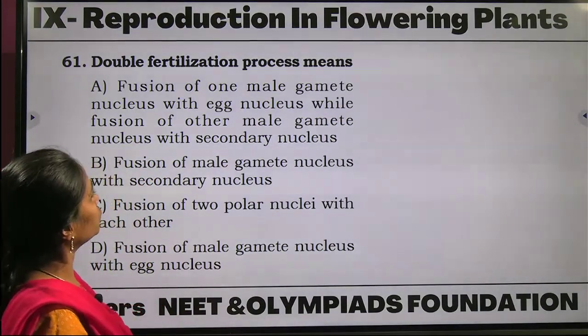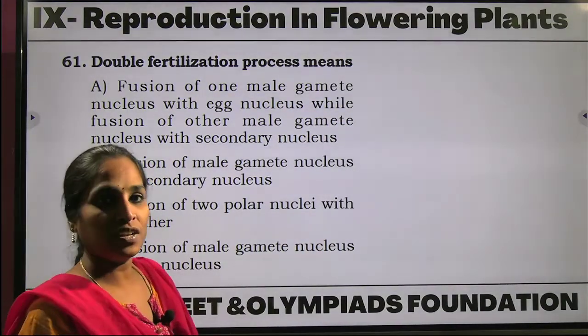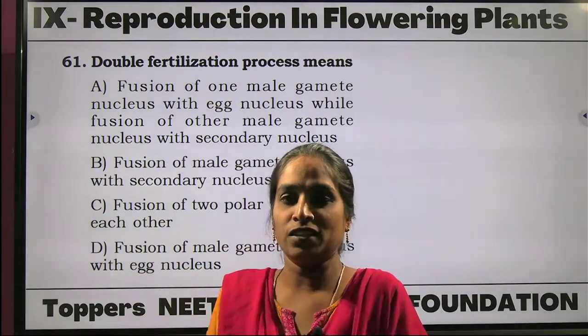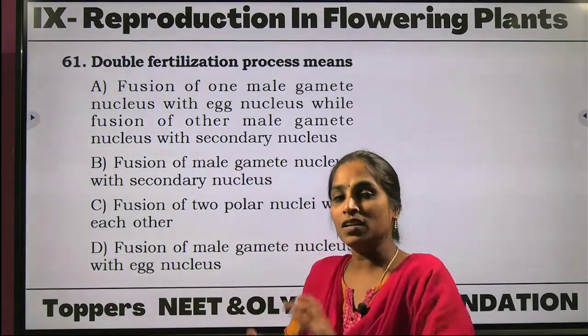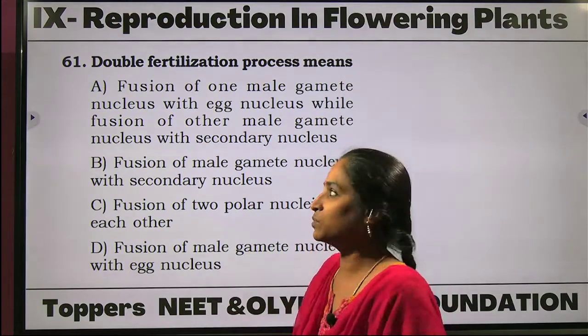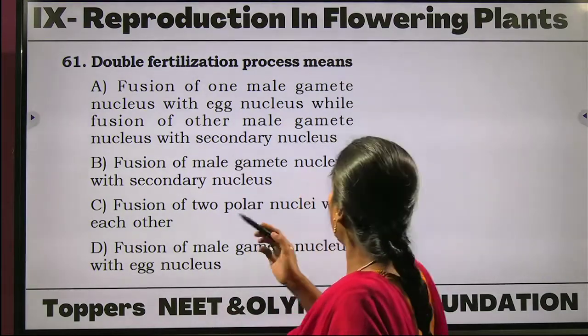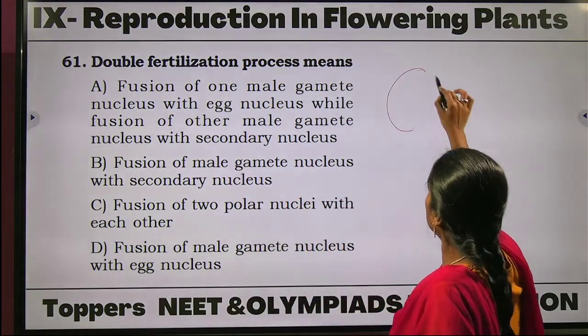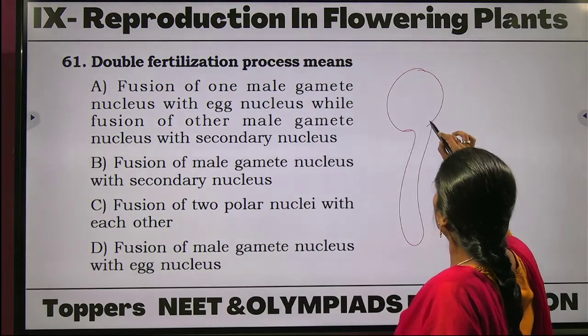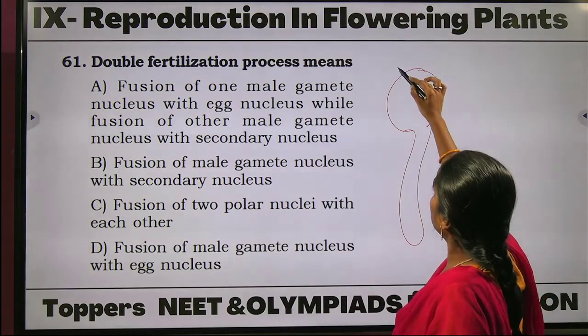Double fertilization, it's a very easy question. Up till now we have heard this word many times. What is double fertilization? As the pollen grain contains, yes, this is a pollen grain.